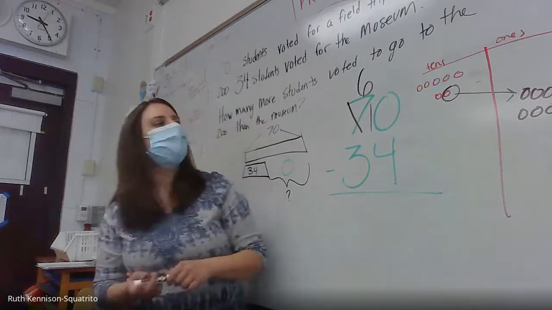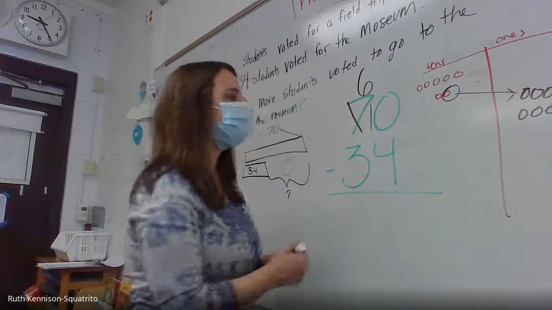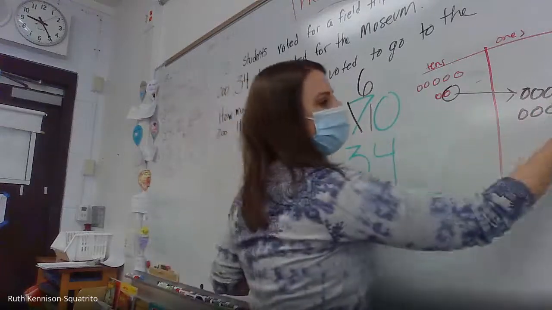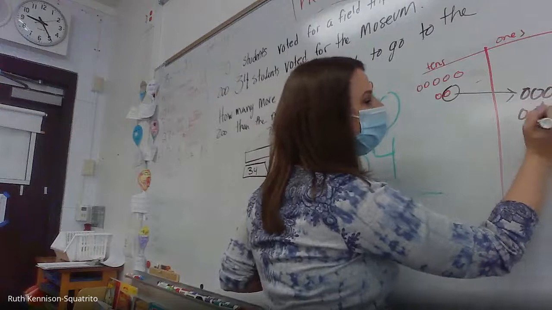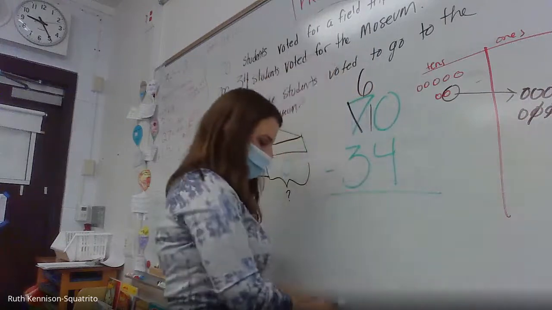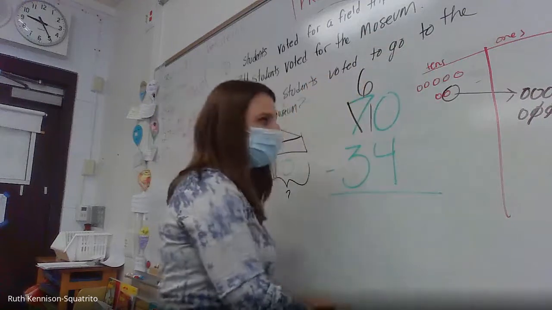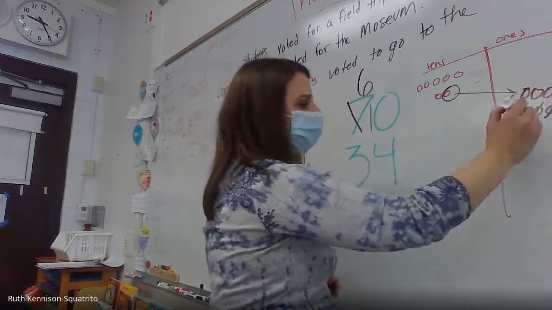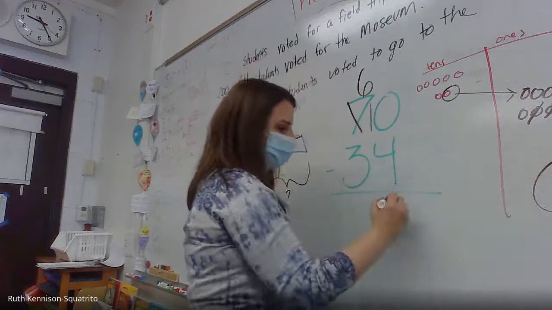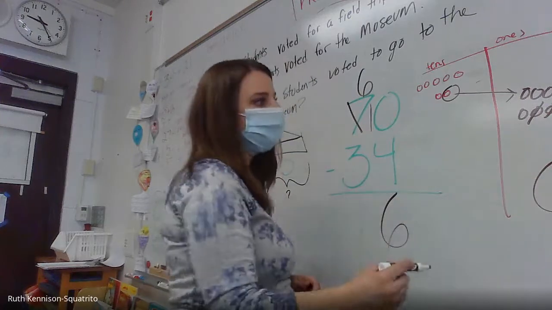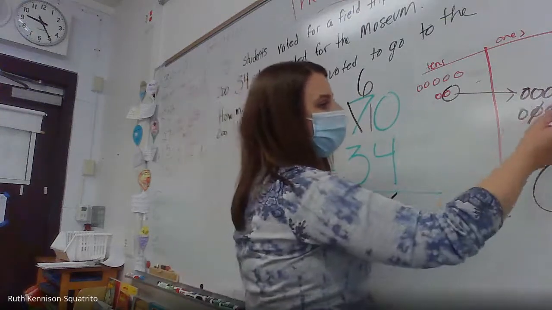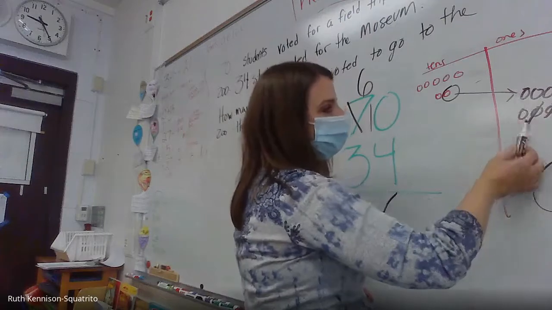Okay, for those of you who have done that part, now you have 10 minus 4. 1, 2, 3, 4. You've got 10, you take away 4, 5, 6, right? If you count over here, 1, 2, 5, 6. Because then I was like, 1, oh, wait, that's 5, and 1 more is 6.